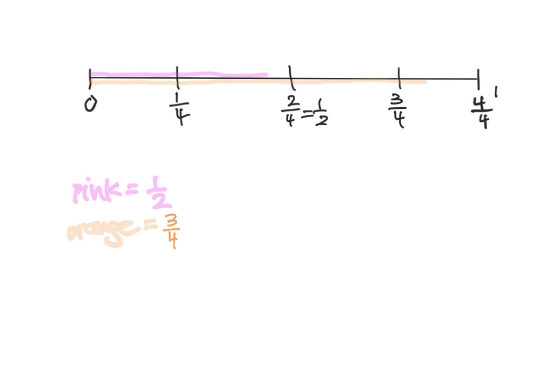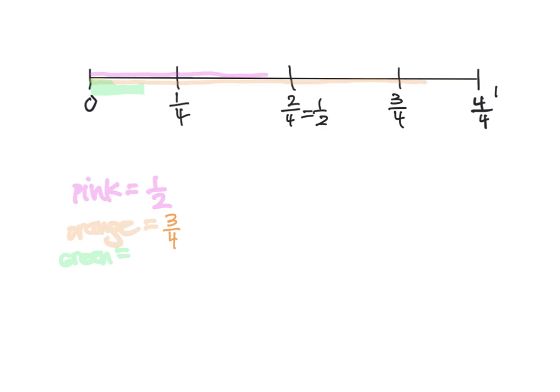Let's take a look at one more line. Let's take a look at our green line. Now, in this case, our green line is a little further away from 1/4 to be able to call it 1/4.